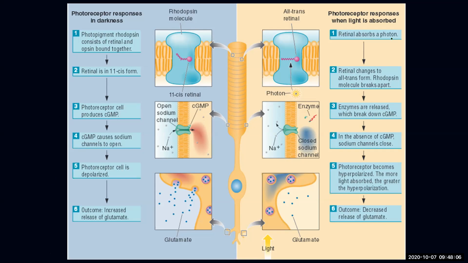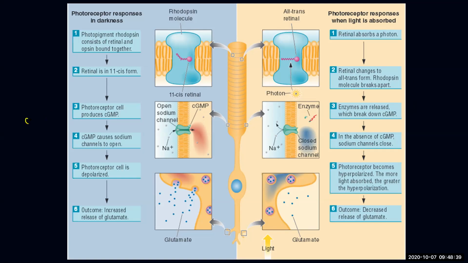When there is a stimulus around, the retinol is going to absorb the photon. That converts the 11 cis retinol to all trans retinol. The rhodopsin molecule breaks apart. When it breaks apart, it's basically going to cause enzymes to be activated that are going to break down that cyclic GMP, that second messenger. Remember, the job of the second messenger here is to hold those sodium channels open.